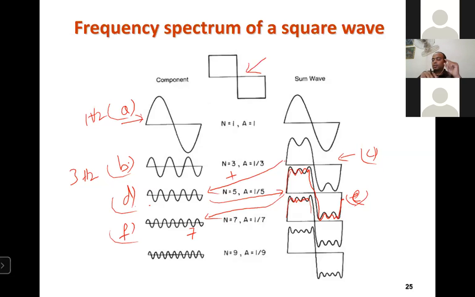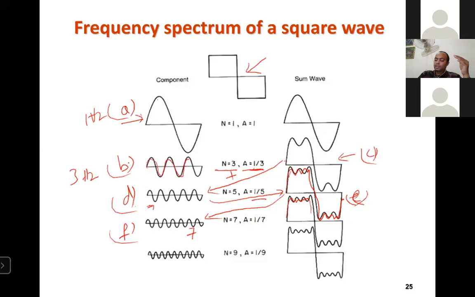And one more thing, when you increase the harmonic order, its amplitude should decrease. Just look at figure A and figure B. When we add the third harmonic, we add it with 1/3 of the amplitude. Similarly, the fifth harmonic is added with 1/5 of the amplitude.